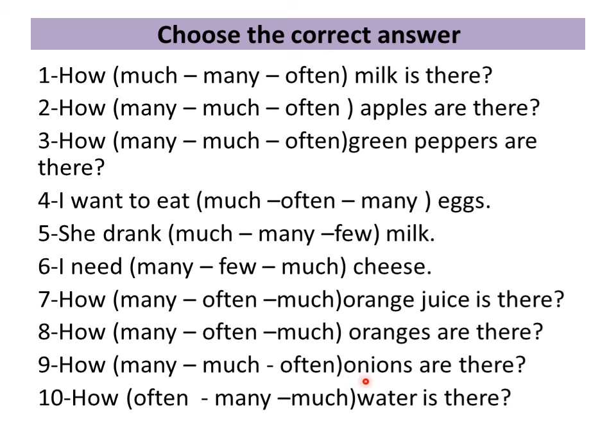Onions. Yasmin, how many? Yes, how many onions? Countable. Number 10. How often or how many or how much water is there? Water. Uncountable. So how? Yes, Abdullah. How much? Yes, how much?